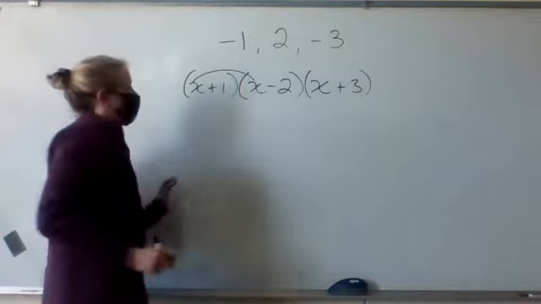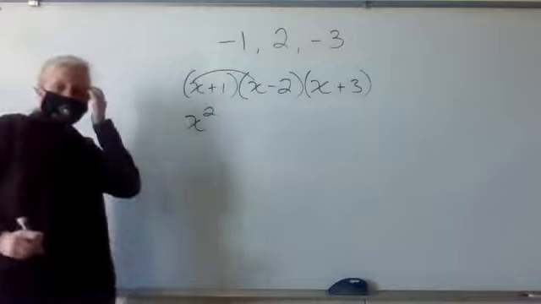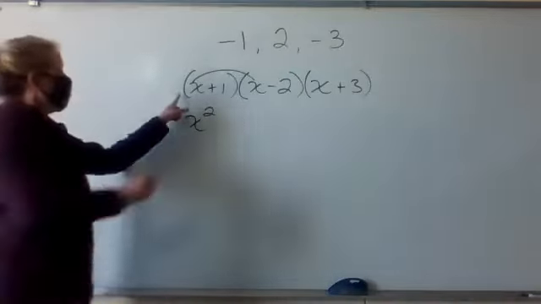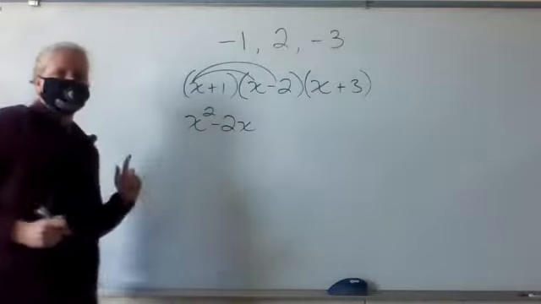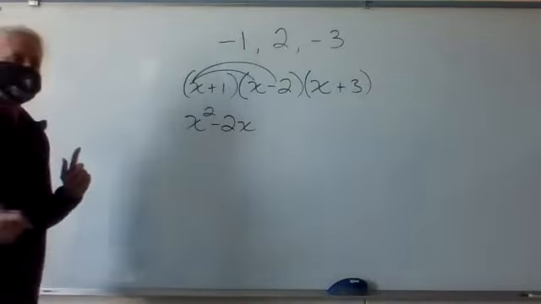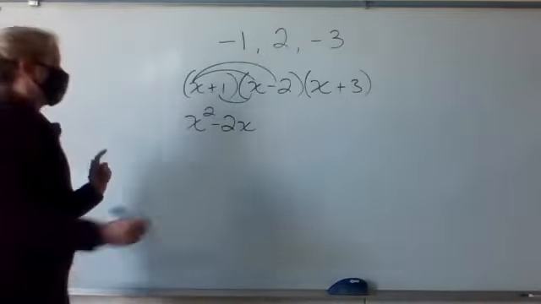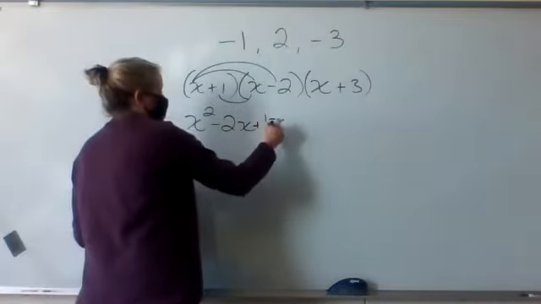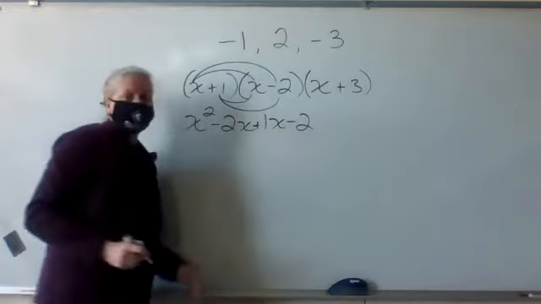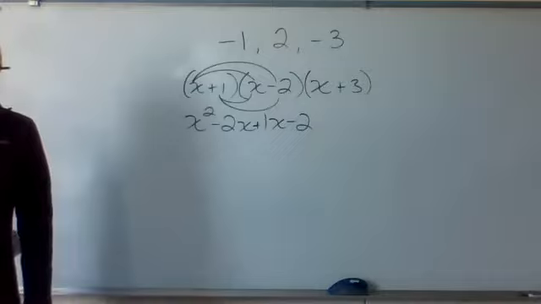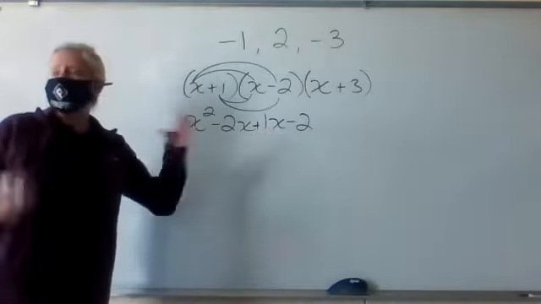If I do this one, my first, x times x gives me x squared. My outer, x times -2 is -2x. My inner, +1 times x is +1x. And my last, +1 times -2 is -2. I can put these 2 terms in the middle together, right?